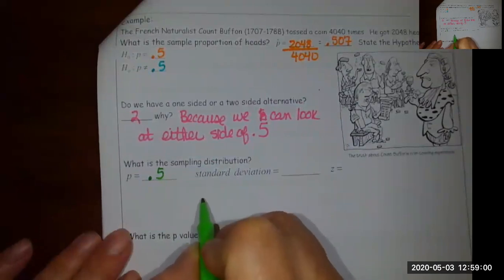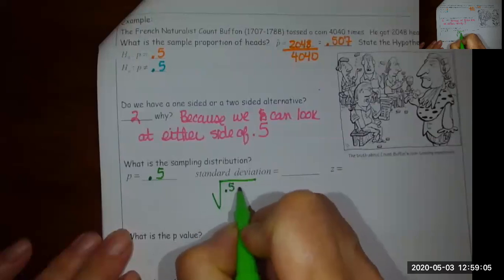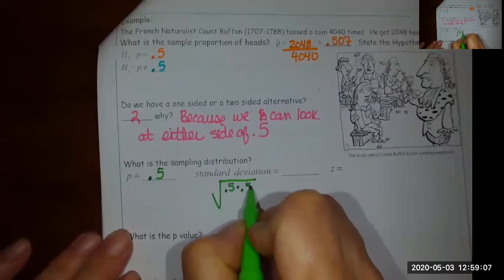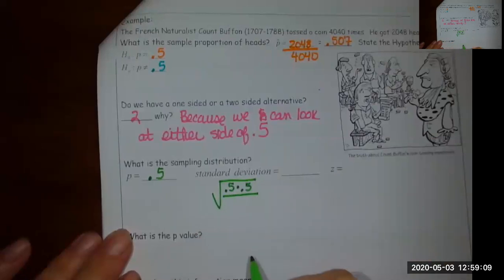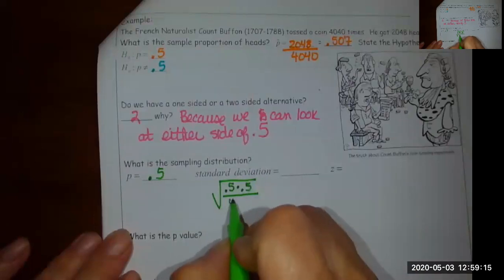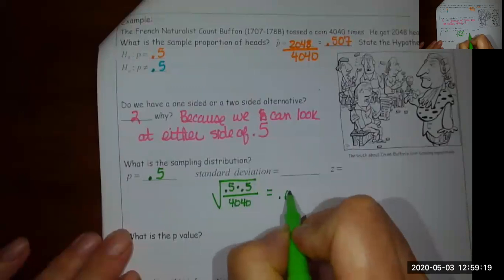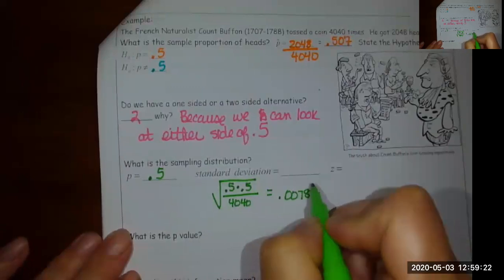Get your little formula sheet out. It's the square root of p times q, which is 1 minus p, over the sample size, which in this case was 4040. And that equals 0.00787.